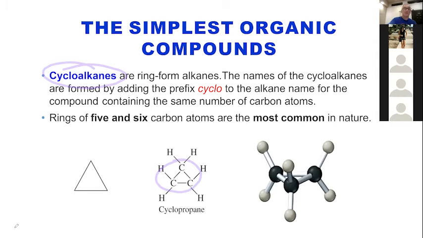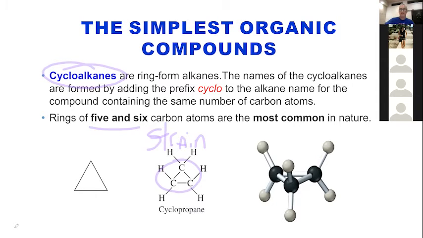So there is a lot of strain in this compound, and it's really unstable. You add just a tiny bit of heat and it breaks apart. So rings of 5 or 6 are the most common, because you don't have as much ring strain.